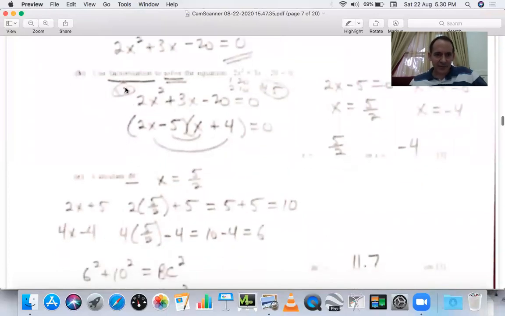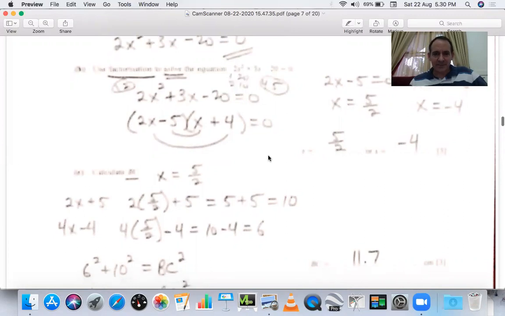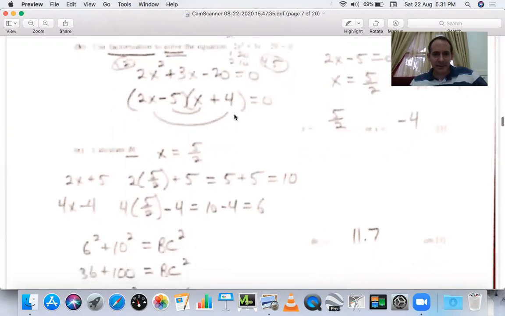So the factors of 2 are 1 and 2. The factors of 20 are 1 and 20, 2 and 10, and 4 and 5. And we have to subtract to get a 3. So 2 times the 4 will give us 8. 1 times 5 is 5. And 8 minus the 5 gives us the 3. So we want the 8 to be positive.